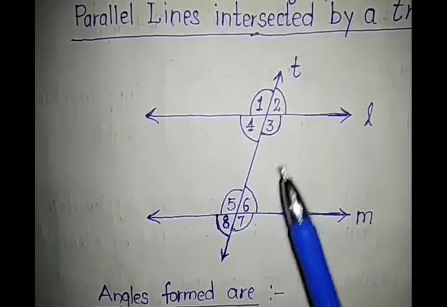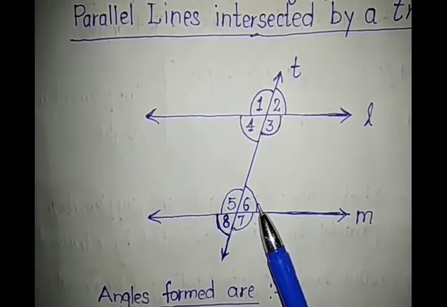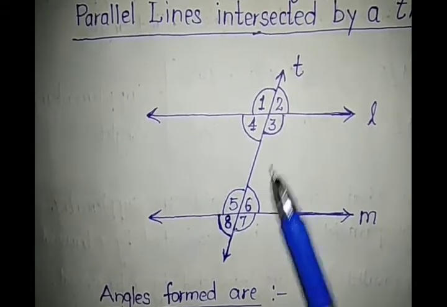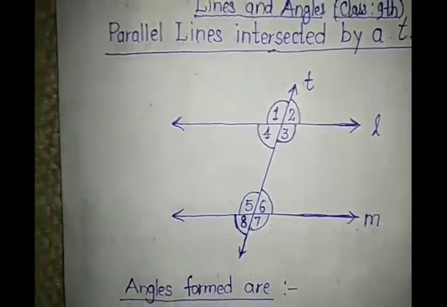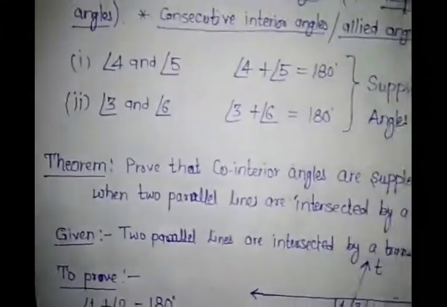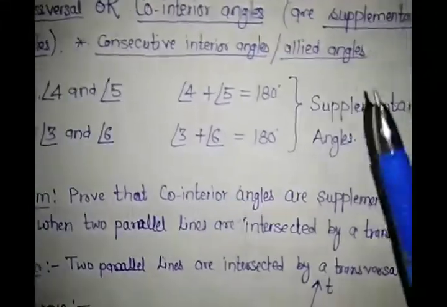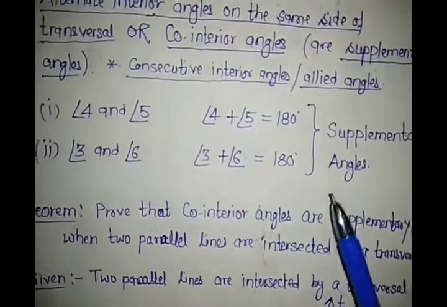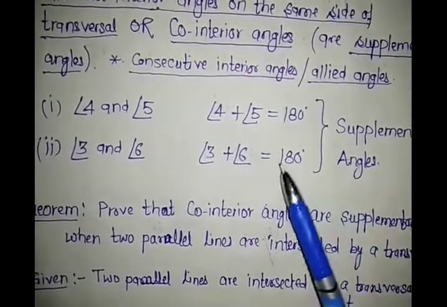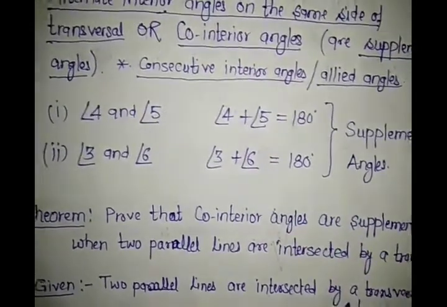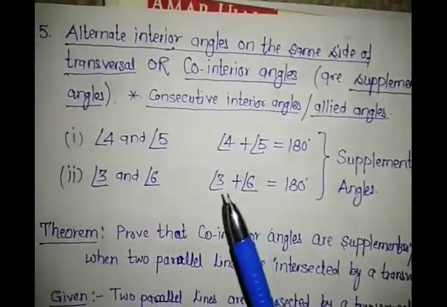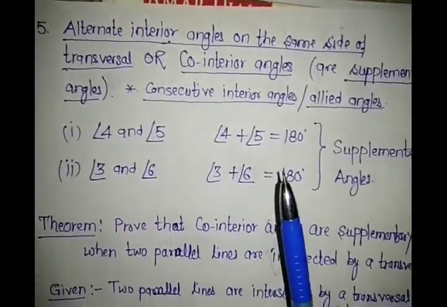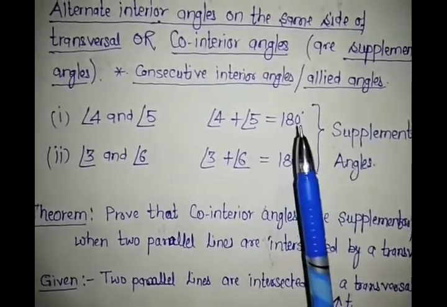So these angles are called co-interior angles, or these angles are called supplementary angles because their sum is 180 degrees. So the specification of alternate angles on the same side of the transversal is that these angles are supplementary.